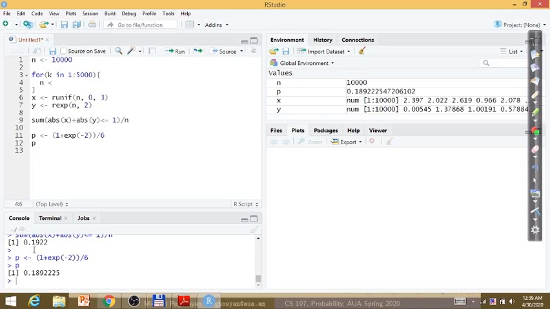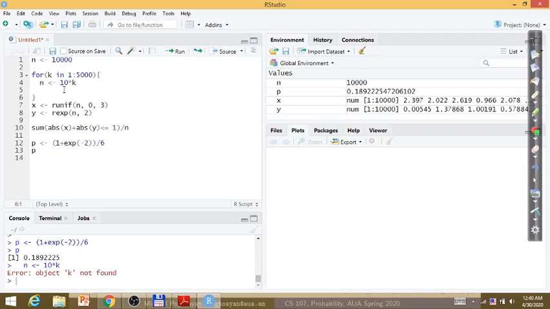I will not calculate this probability for any K from 1 to 5,000 using this formula, but I will do that calculation for 10 times k. So I'm taking n equal to 10 times k. Okay, well, k is not found. That's correct, because I need to run the whole loop. I will not run that yet.